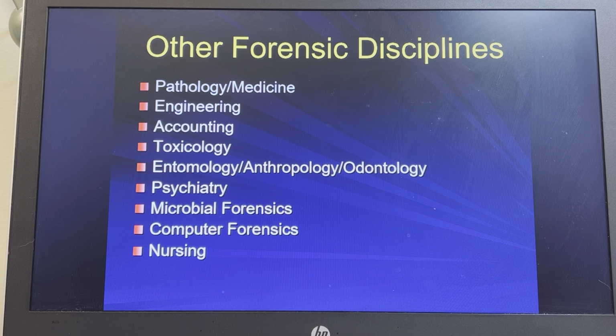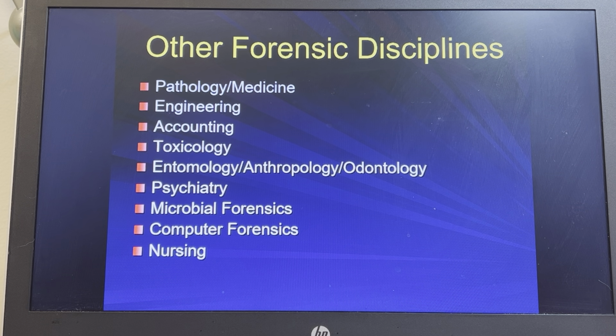Okay, entomology means looking at insects on deceased people or other types of arthropods, which can include insects, but it can also include things that are in water or an aquatic environment. Think of lobsters and shrimp. And that can help establish a time since death when you look at those types of species.